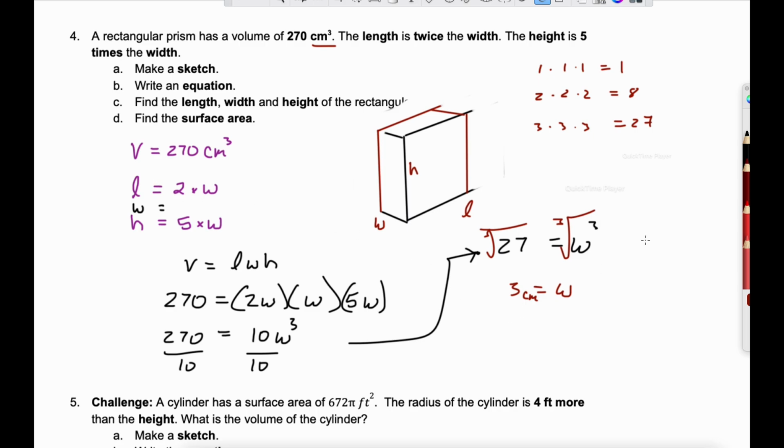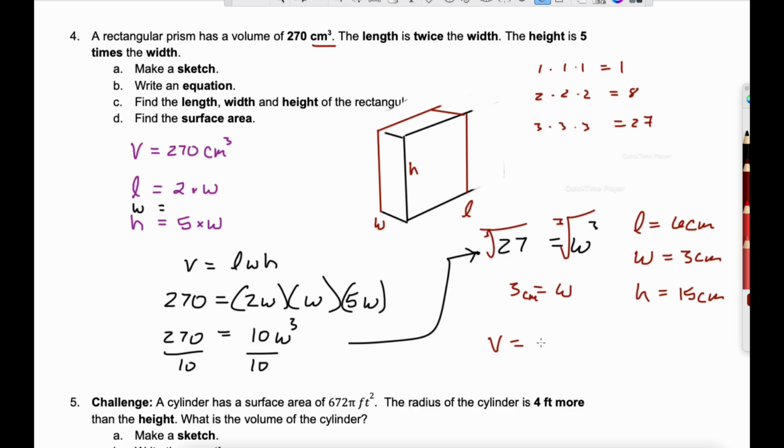So if W is 3 centimeters, L is twice that. So L has to be 6 centimeters. W is 3 centimeters, and our height is 5 times W. 5 times 3 is 15 centimeters.